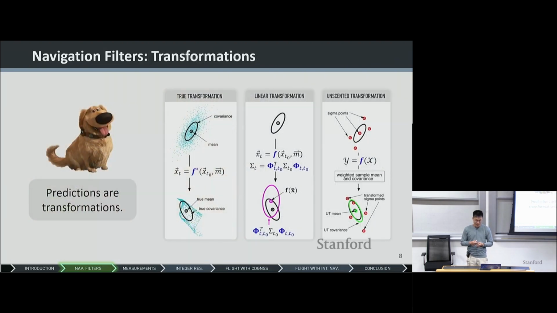And so the idea of Kalman filters, really, we try to break it down into two steps. We have the prediction step, which we call the time update, and we have the measurement step, where we actually make the observations and perform the state estimate a posteriori after observing those observations. And predictions are basically transformations.